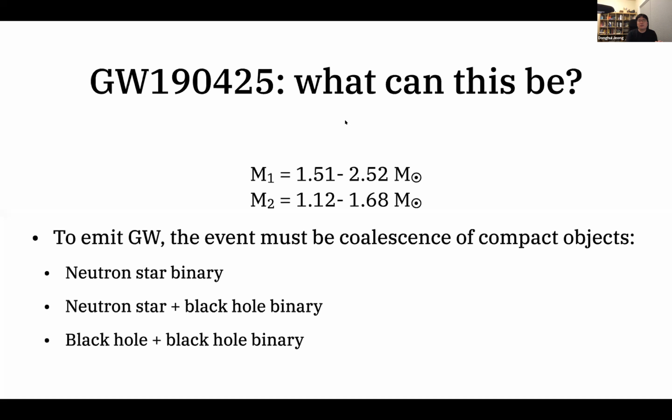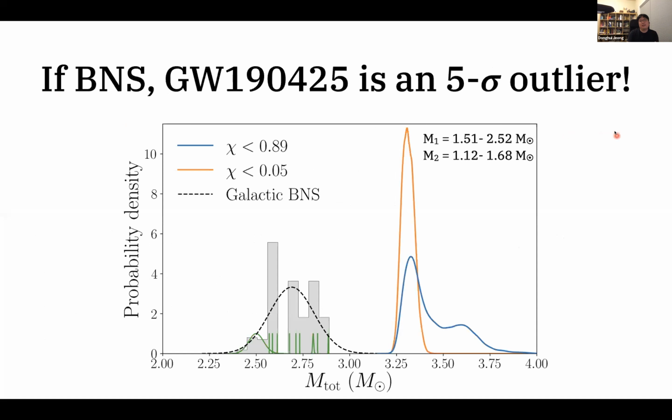But as a neutron star binary, it is very odd, because this is the distribution of total mass of neutron star binaries that we have detected so far in our galaxy with X-ray observation. Those are these green lines and the PDF here.